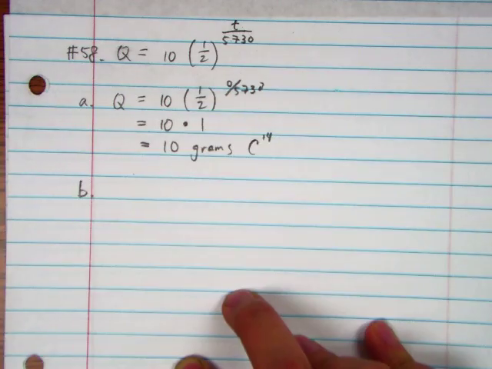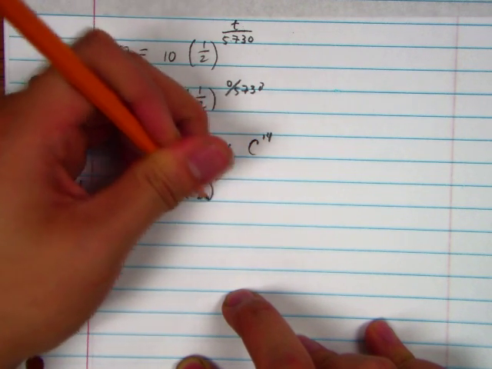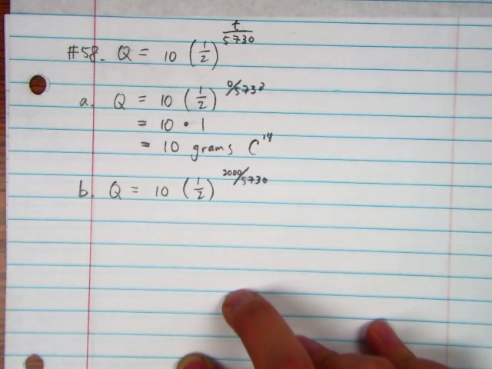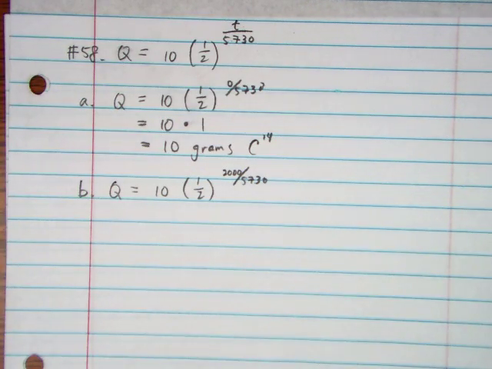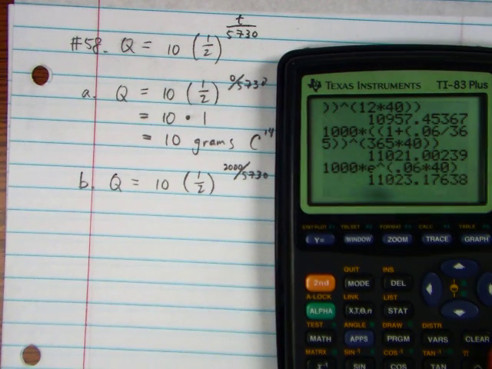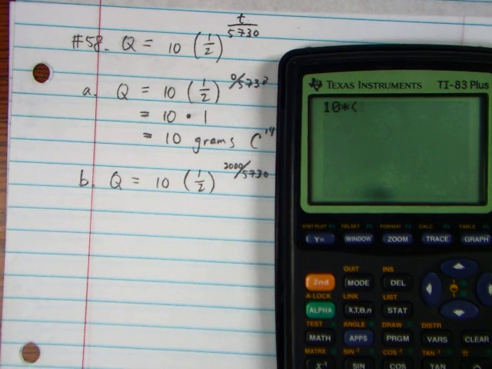Now, part B, determine the quantity present after 2,000 years. So we're going to now put in 2,000 for T. Okay, we can do this on our calculator now. Let's go ahead and do that. So we're going to start with 10 times 0.5 to the 2,000 divided by 5730.